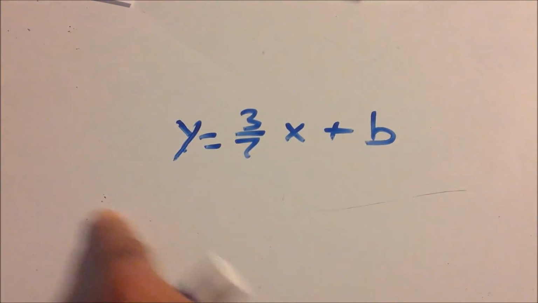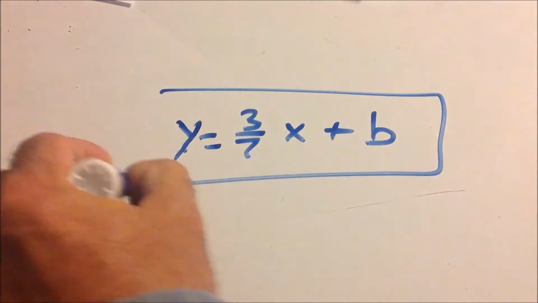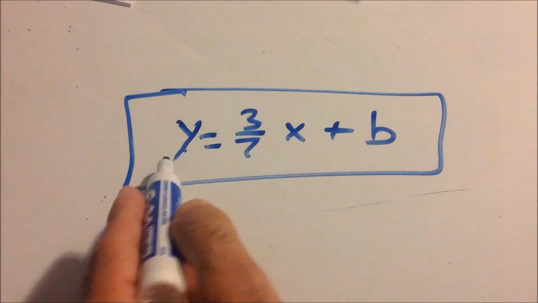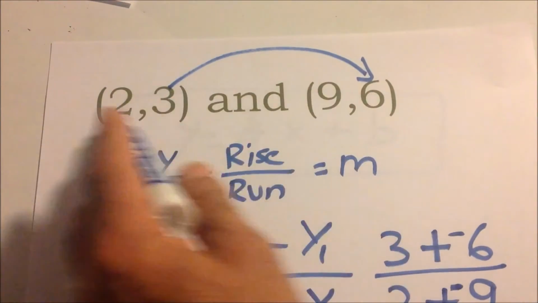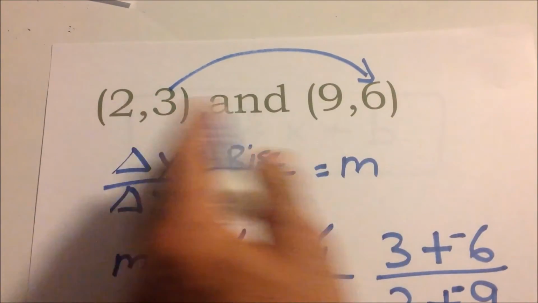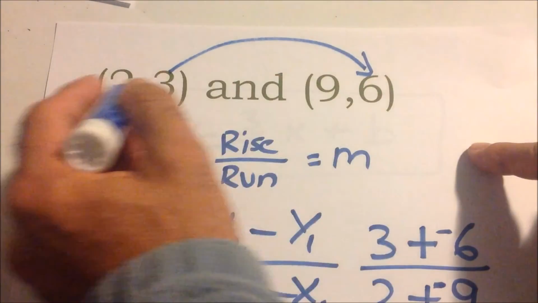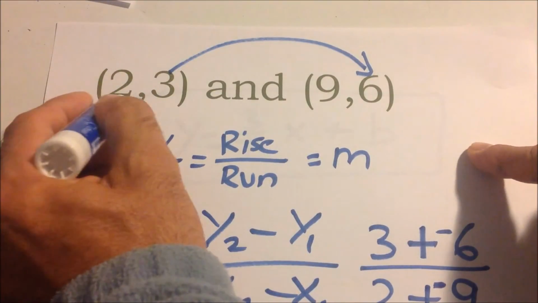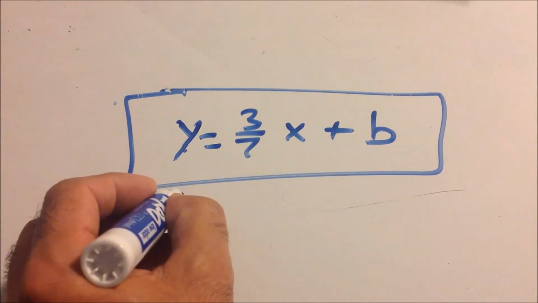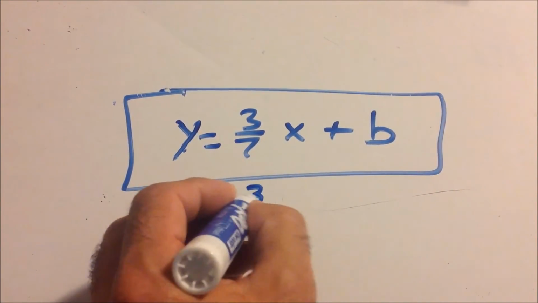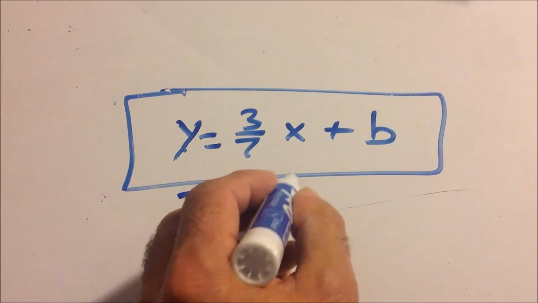Now we can figure out this equation also by just plugging in whatever x and y are. We know we can use, let's say we have that x is 2. If x is 2, y has to be 3. So y has to be 3 if you're using x as 2.